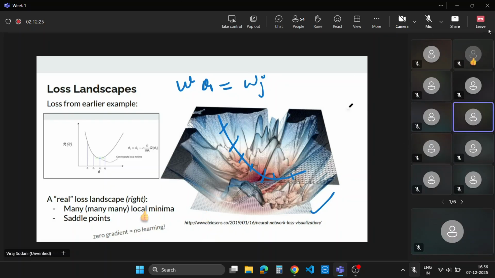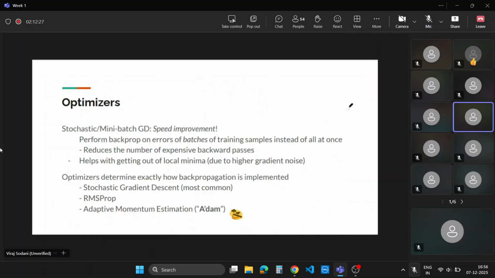We are done with the neural networks almost. Optimizers, as I had said, stochastic or mini batch GD, that is nothing but stochastic gradient descent. That's one of the advanced optimizers. We'll not be looking at it currently, but you can look at it.